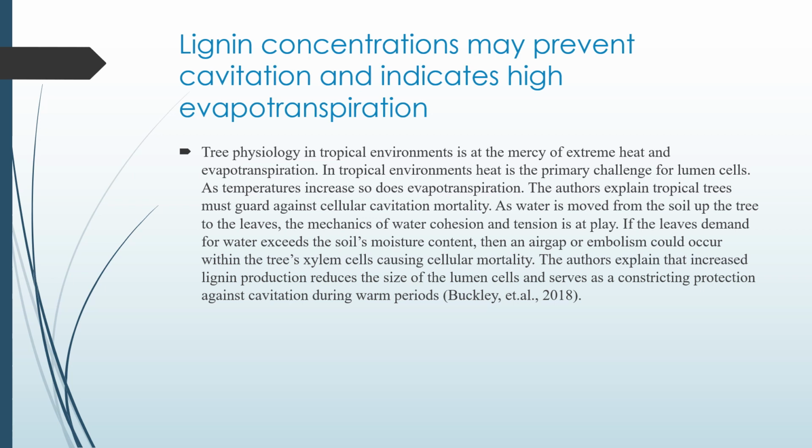And so the cells apparently increase the amount of lignin in those lumen cells, and in effect, they seem to squeeze those cells down a little bit, making them more narrow and reducing the possible impact that increased evapotranspiration would have on the process of moving the water through the tree.